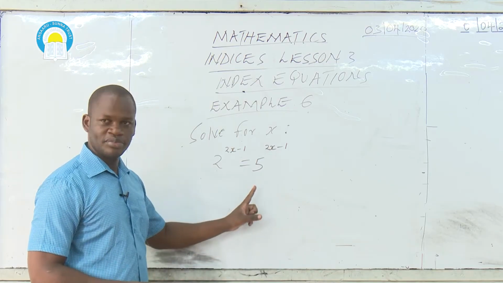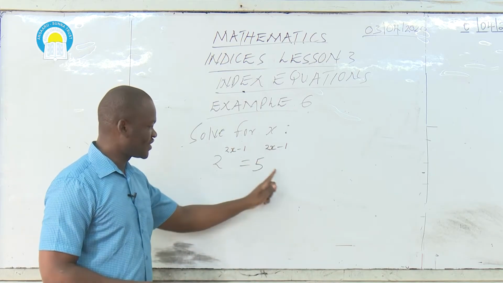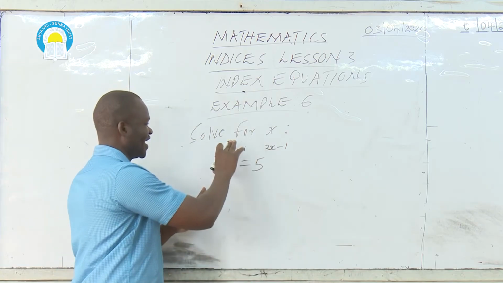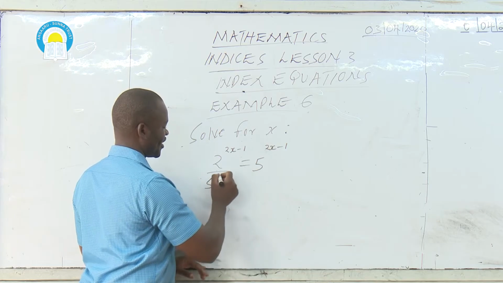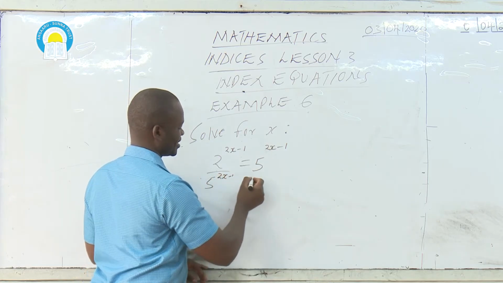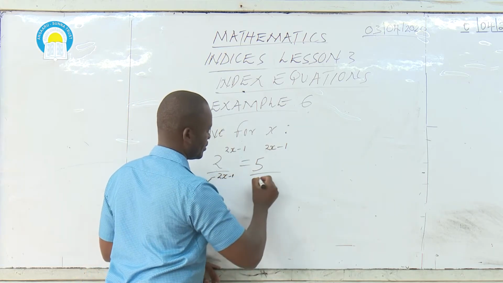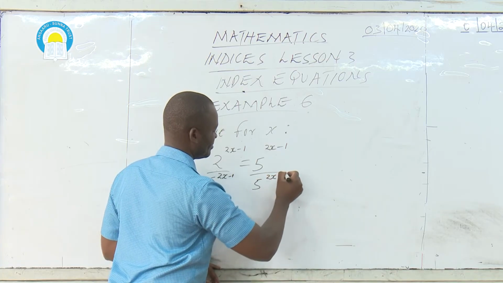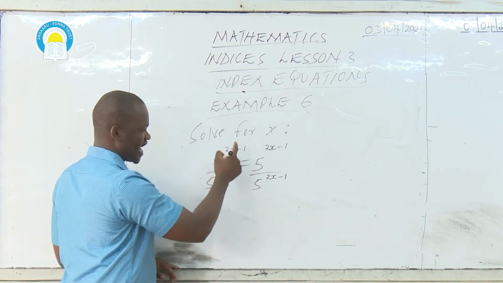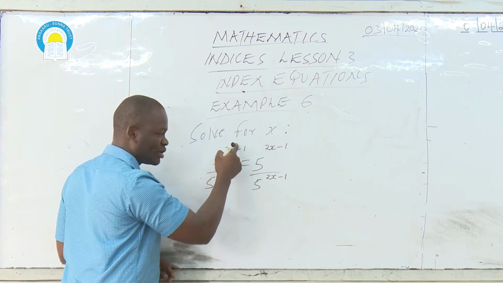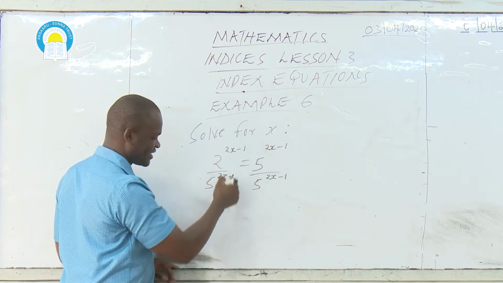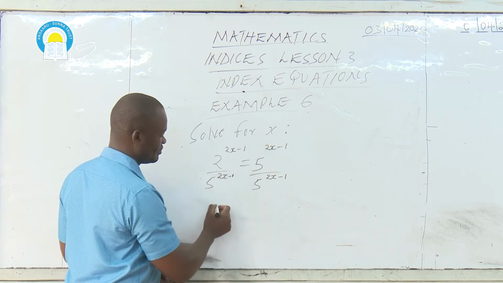The first approach will be, first of all, to divide both sides by either this or that. Let me choose to divide both sides by 5 power 2x minus 1. So, having the same power, I'll apply the law of division having the same power.